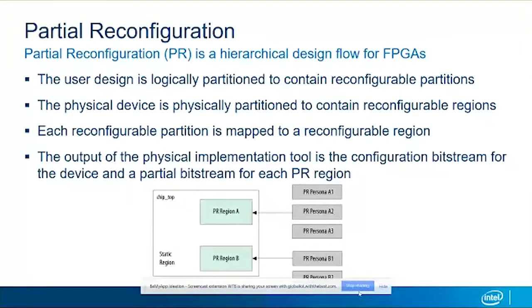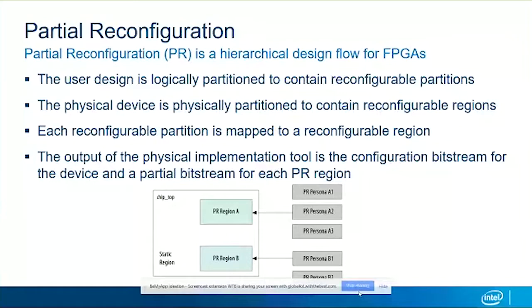So as a designer, you need to create logical partitions in the design to identify the sections of the design that can be reconfigured versus the areas of the design that are not going to change. You do this at a logical level, but you also need to do it at a physical level. So this is where the floor plan becomes important. You'll create a physical partition on the device floor plan to identify the resources available for the logical mapping.